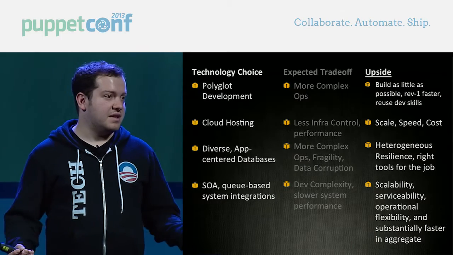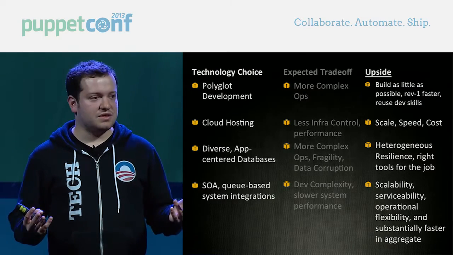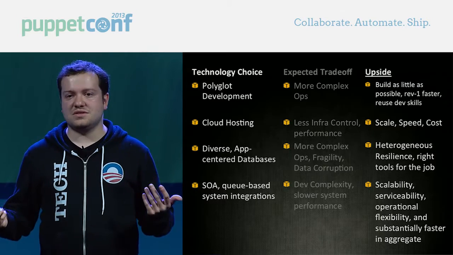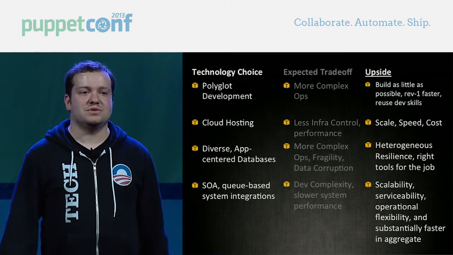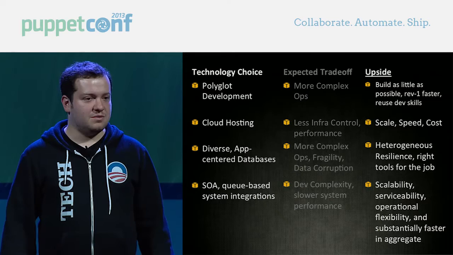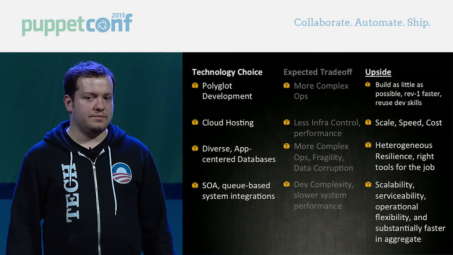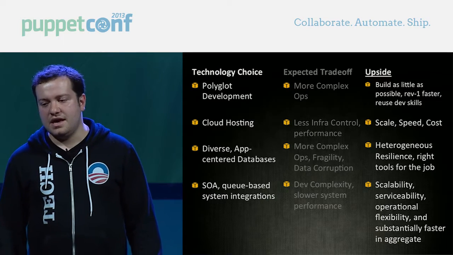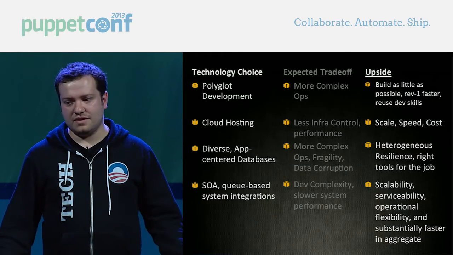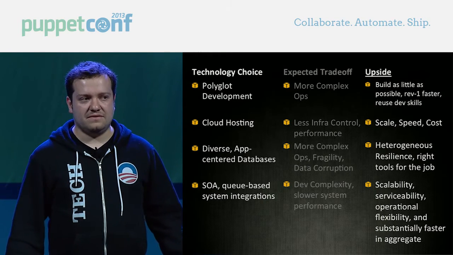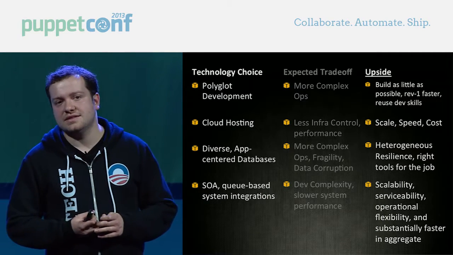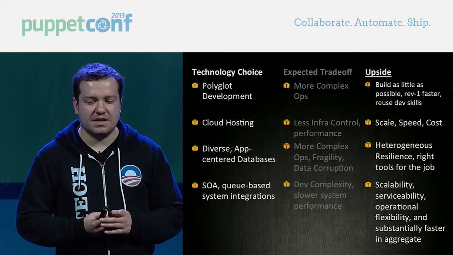By doing polyglot development, we were able to build things really fast, right? And our developers just reused the skills they already had. They didn't have to learn new languages. By using AWS, we were able to build things to scale beyond anything we could have done on-premise. And we made things really fast and cost-effective. Like I said, we only paid for what we used. So we'd scale up a lot, but we'd also scale down when we didn't have traffic on our apps.